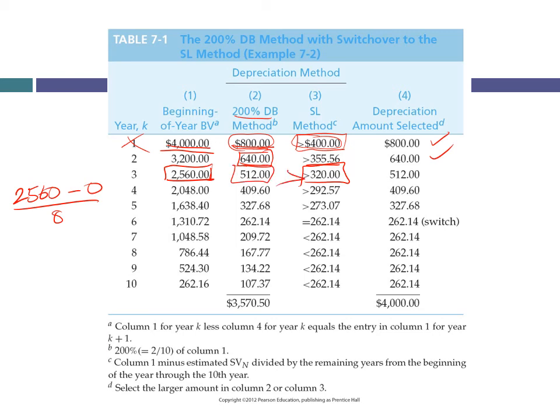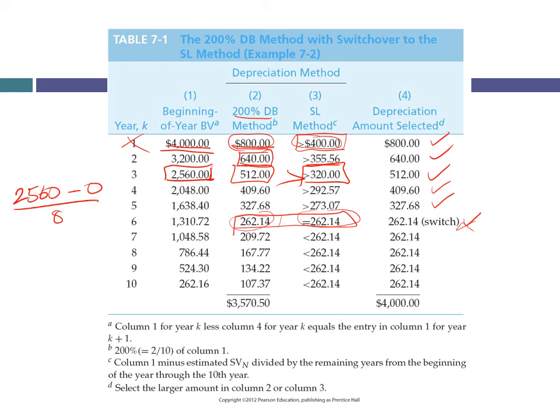Since this one is larger, we select the declining balance. We continue to do this in this way. As you can see, in year 6 both of them have the same depreciation amount. So this is the point of intersection, and at this point we change the method from declining balance to straight line.